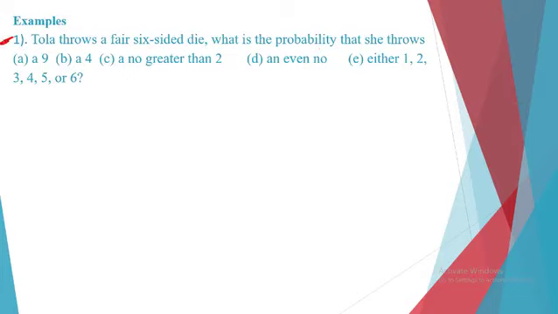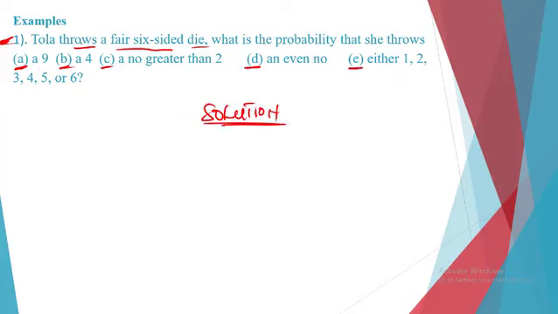It says Tola throws a fair 6-sided die. What is the probability that she throws A, a 9, B, a 4, C, a number greater than 2, D, an even number, E, either 1, 2, 3, 4, 5, or 6? Solution. Let us start.